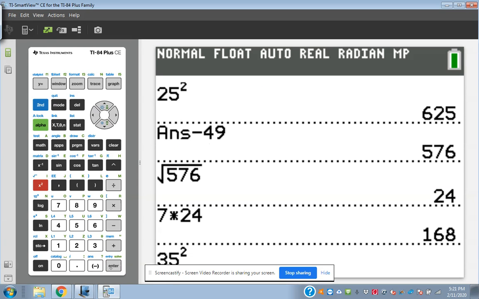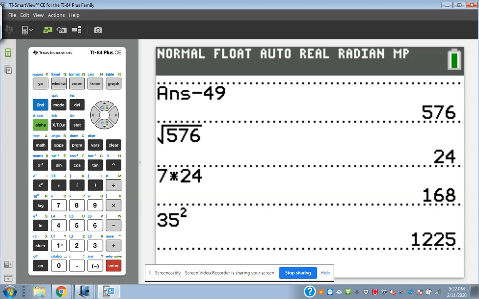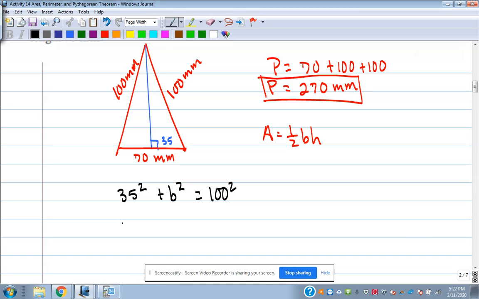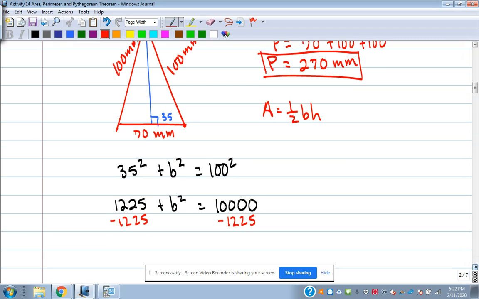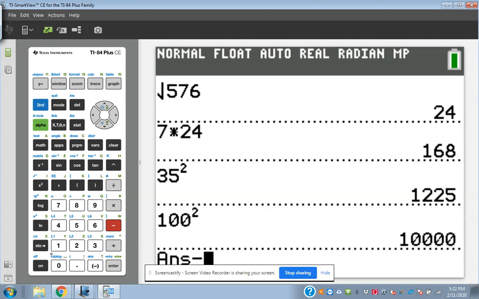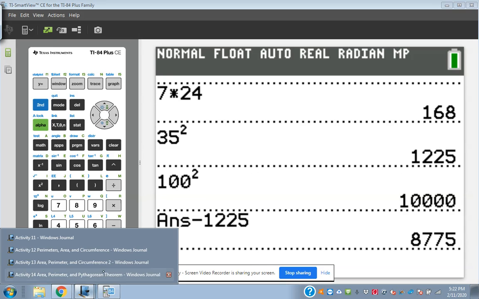35 squared, 1225, 100 squared, 10,000. Subtract the 1225. 8,775.